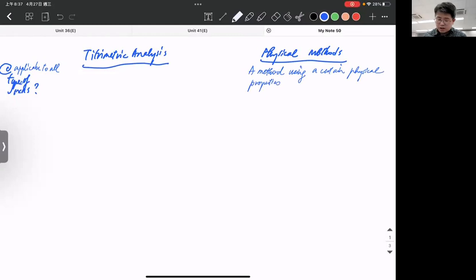I would use it, right? It can be applied in certain reactions only, for example, the reaction involving gas formation.